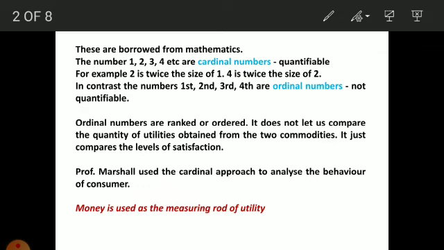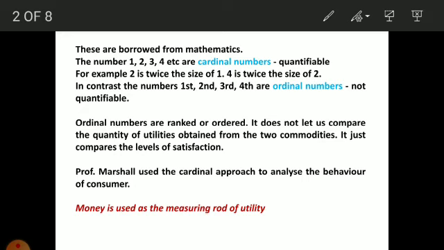The number 2, for example, is twice the size of 1, and 3 is thrice the size of 1. 4 is twice the size of 2. Here, what we mean to say is that cardinal numbers are quantifiable.